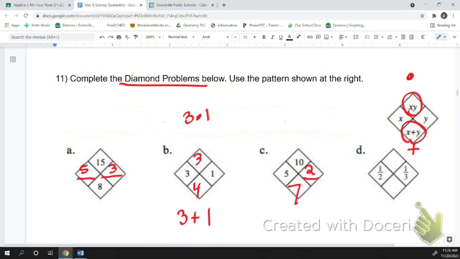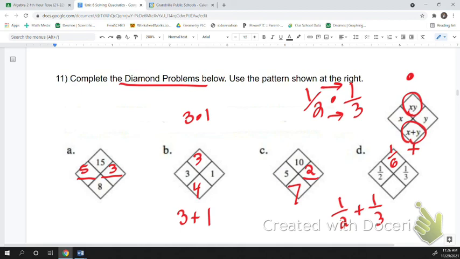D has fractions, your favorite, right? You forgot to do fractions, that's fine. We're going to do half times 1/3. When you multiply fractions, what do you do? Don't butterfly them. You just multiply straight across. So we have 1/6. If I add fractions, we have to have a common denominator.